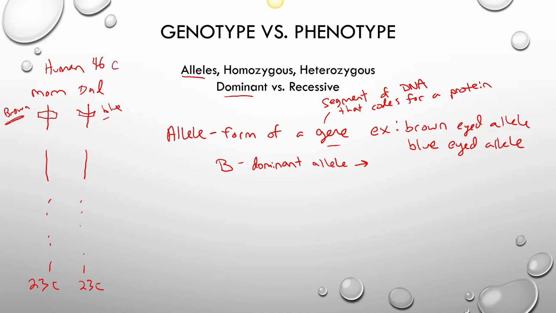And in this case, dominant is going to be brown. B, as a little b, is going to be the recessive allele. And in this case, it's going to be blue.